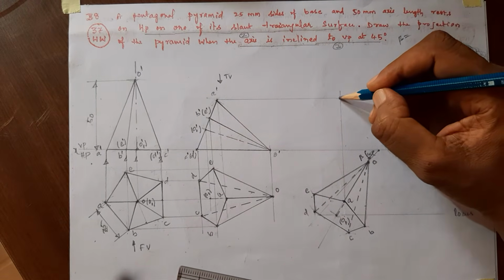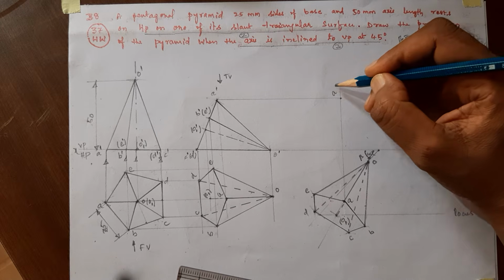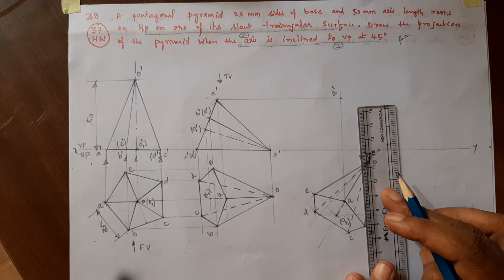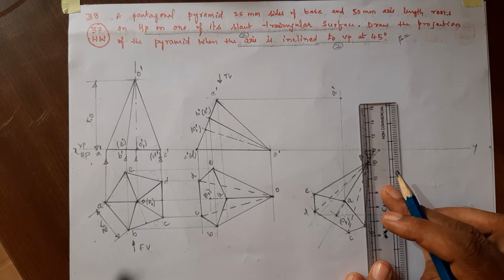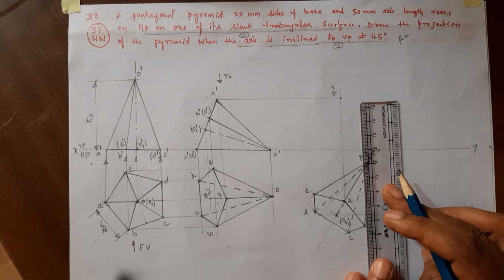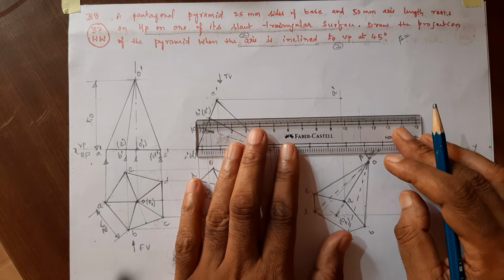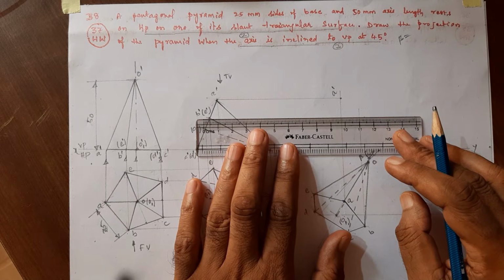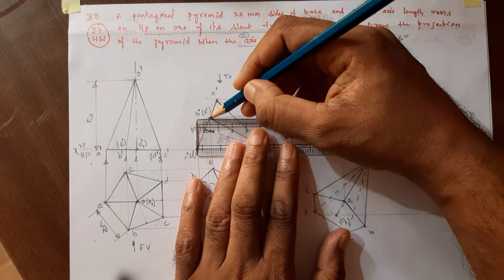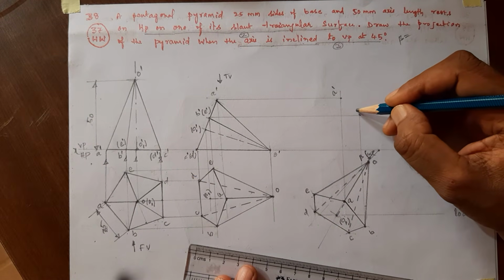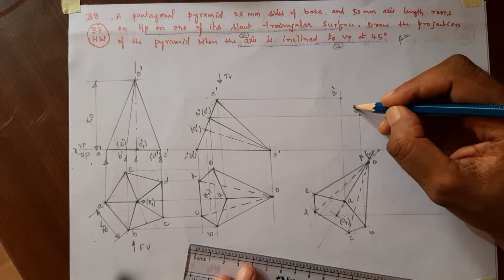Now say this is A dash. Then a vertical projector line from the B and a horizontal projector line from the B dash. Now say this is B dash.